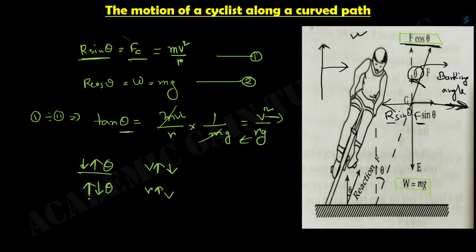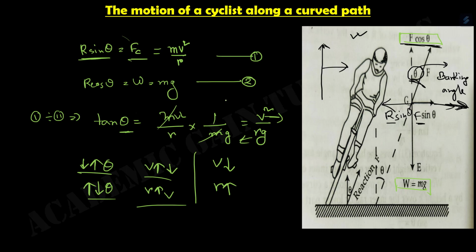So from these two concepts we can say that when we go through a bend in the road, we have to lower our velocity and increase our radius from the center of the road, so that our banking angle will be very small and we will be stable in that section.